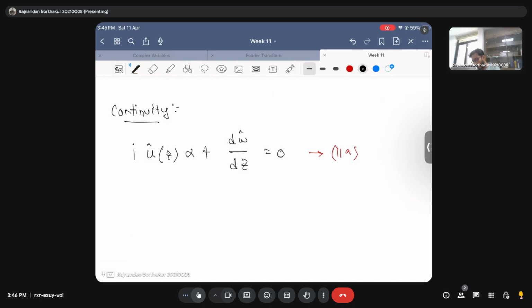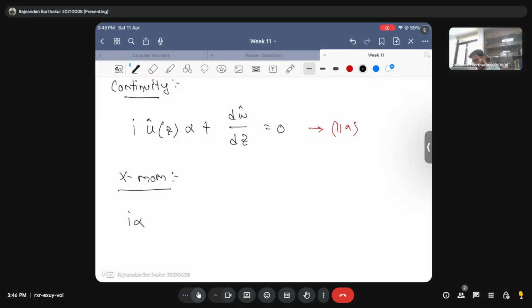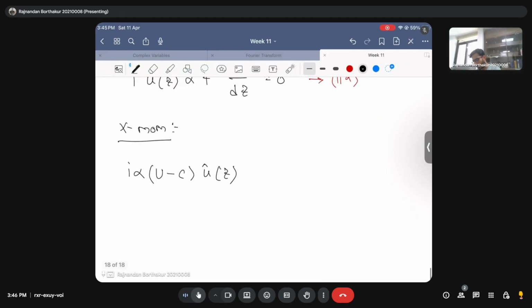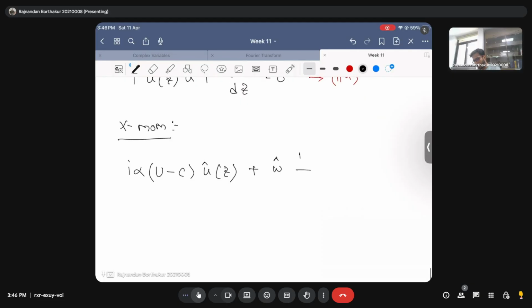The x momentum equation for the 2D problem becomes i alpha (U minus c) times u hat of z plus w hat times dU by dz equal to minus i alpha p hat.